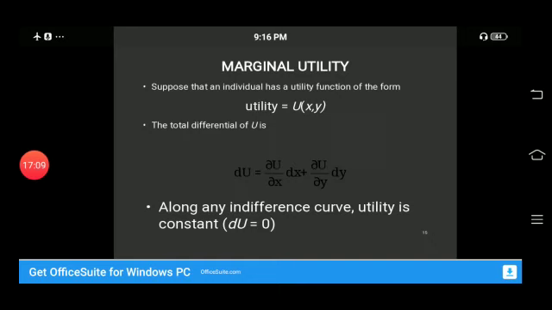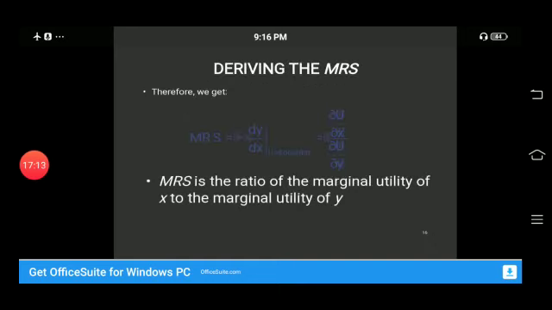Along any indifference curve, utility is constant, so dU = 0. Therefore we get that MRS is equal to minus dy over dx, which is equal to ∂U/∂x divided by ∂U/∂y.